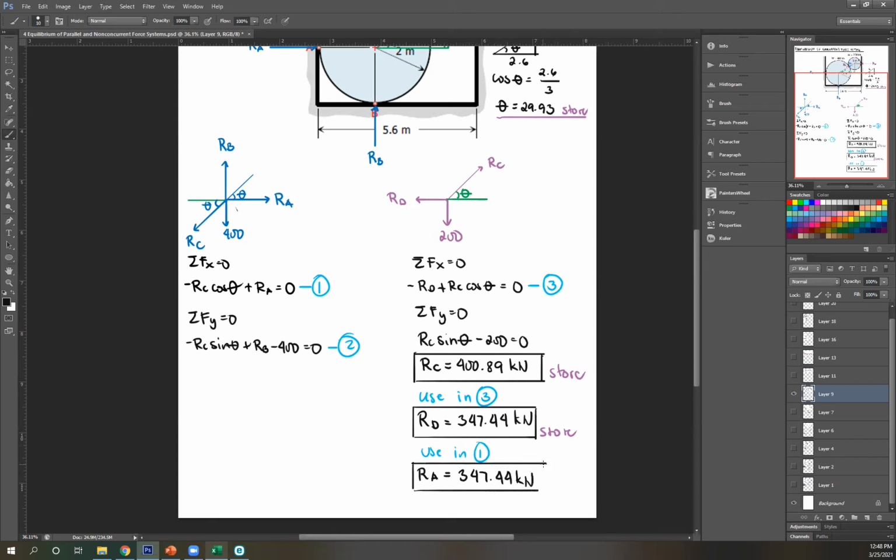Okay, and then lastly, we solve for RB. We're going to sub RC in equation 2, solving for RB. Correct, Kathleen and John. It's the 600.